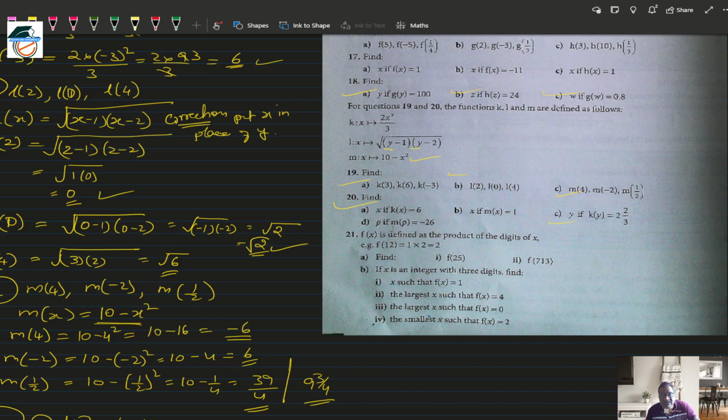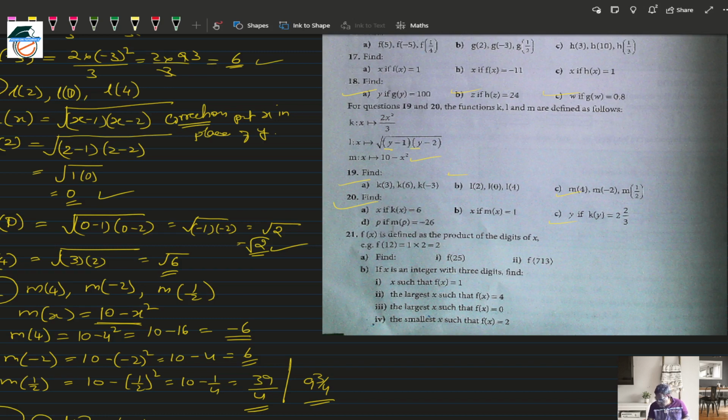Let me check in the book. Find P if M of P is minus 26. That's correct.